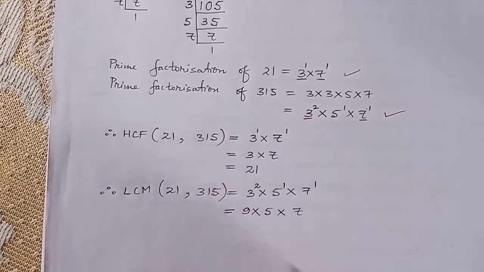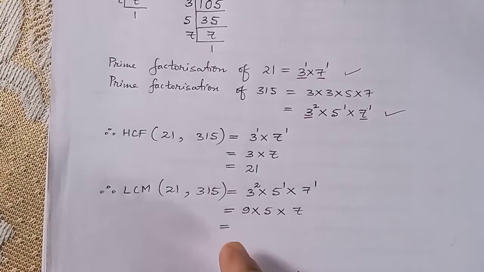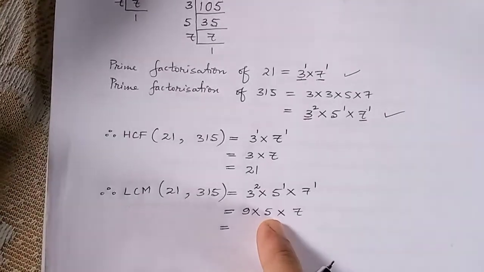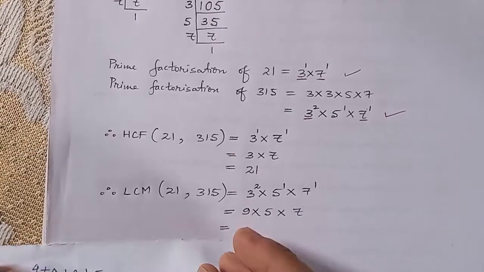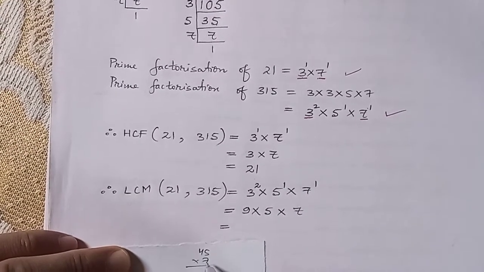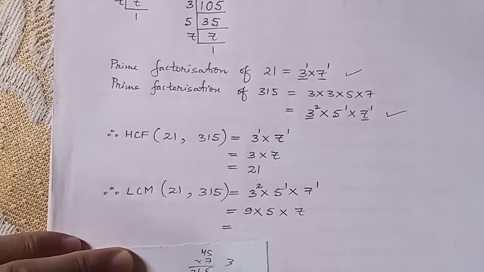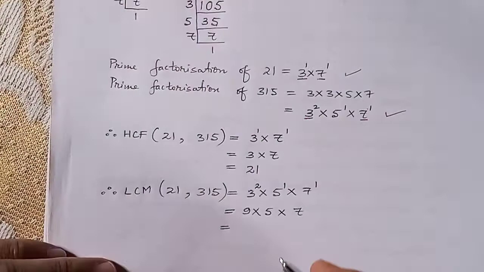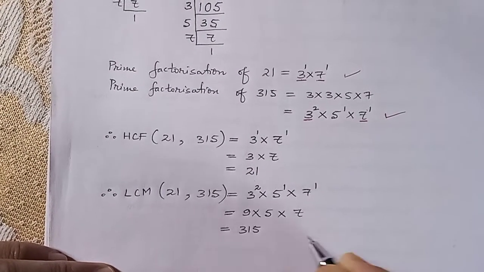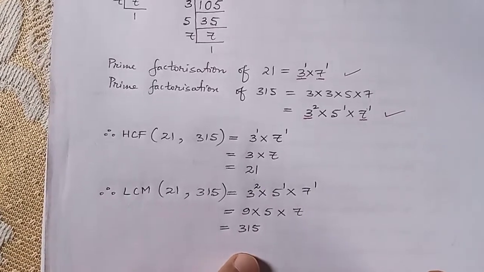Now let us multiply. 9 into 5 is 45, and 45 into 7 is 315. That means the LCM of these two given numbers is 315.